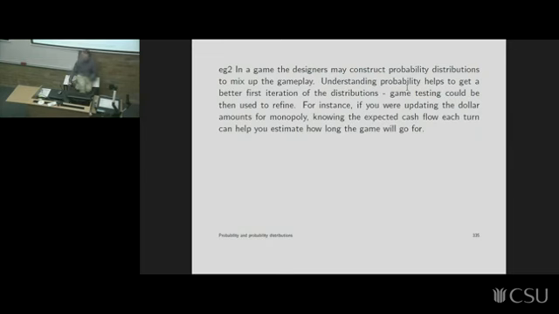And you want to design the game, and so having a probability distribution helps you work out what's going to happen. So in the game of Monopoly, as you go around the board, what is the expected cash flow each turn? Should your expected cash flow be positive or negative in Monopoly each turn?